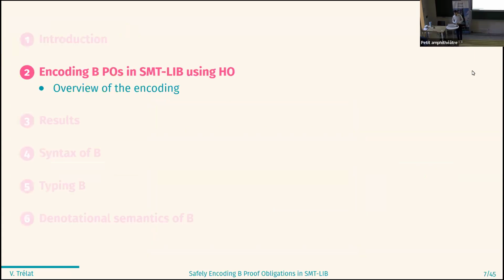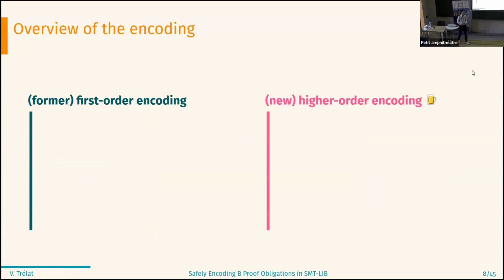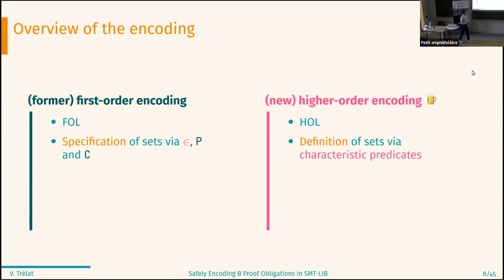Right, so I'm going to talk a little bit about the encoding itself, the differences between the former one and the new one. As I said, the biggest difference is that mine uses higher order logic, of course. The first consequence is that in PP-Trans SMT, the sets were only specified. They didn't have a proper definition.